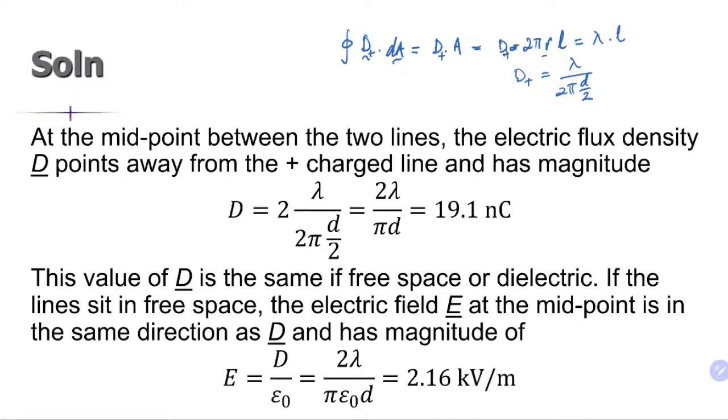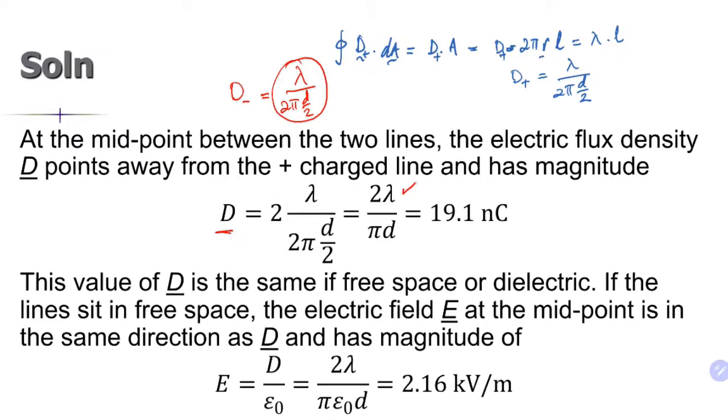If you do the same for the negative, you come out with the same answer. So D negative is also equal to lambda over 2 pi times d over 2. Therefore, the total electric flux density is twice this value: 2 times lambda over 2 pi times d over 2.